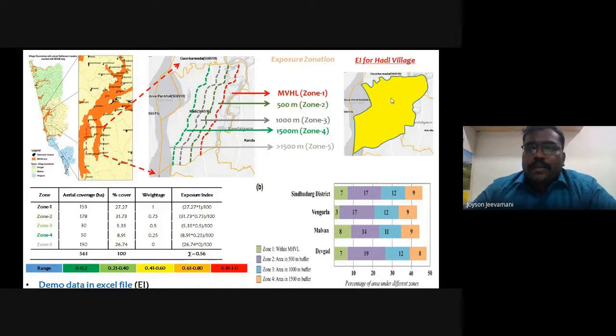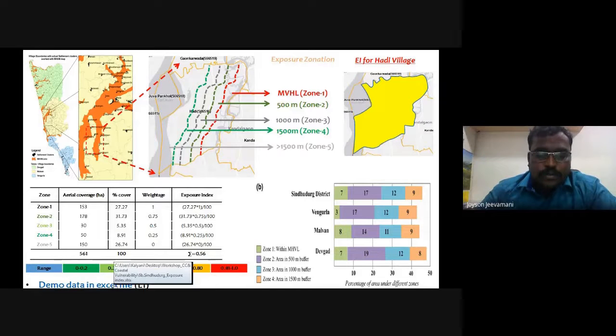Like that, we have calculated the exposure index for all other villages and towns in the map. I will show you that Excel so that you can get an idea.